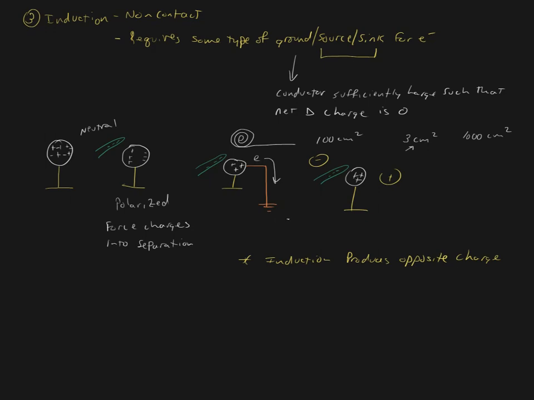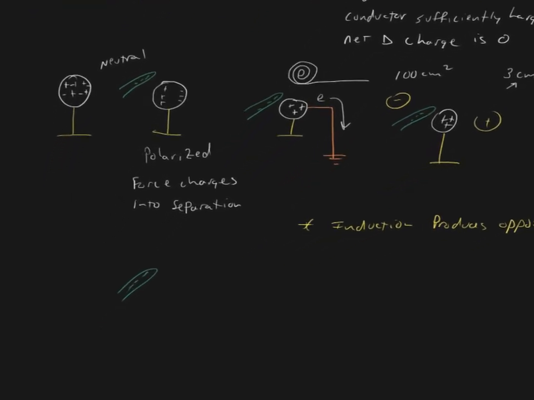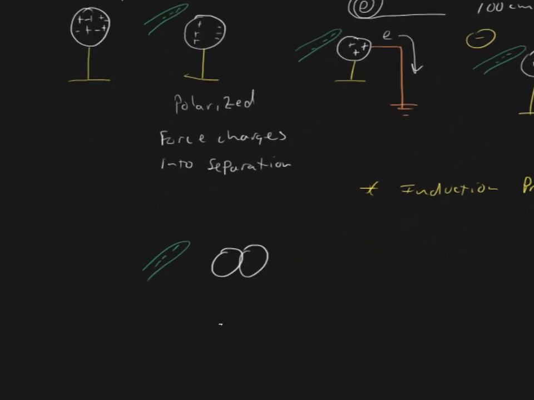Now, this was an example where I used a ground. You could do the exact same thing if you wanted to create a positively and negatively charged sphere. So here's my negatively charged rod, and I have two spheres which are in contact with each other.